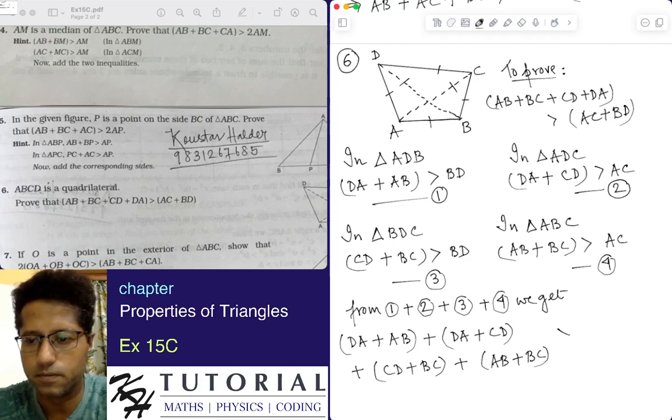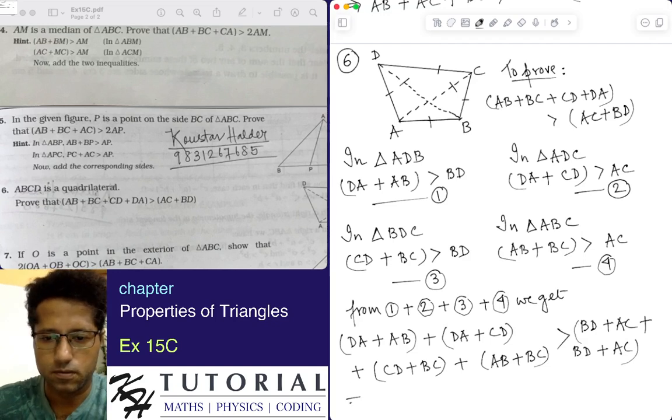This will be greater than BD plus AC plus BD plus AC.